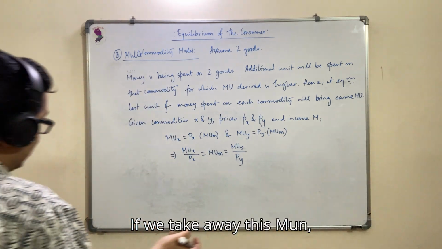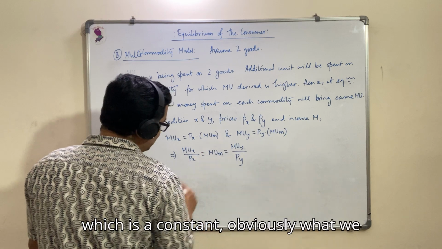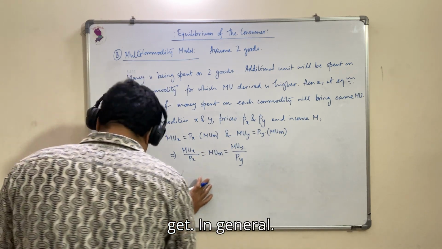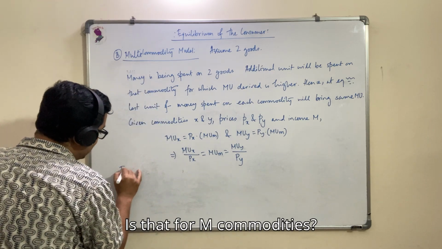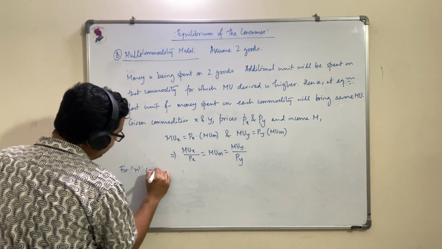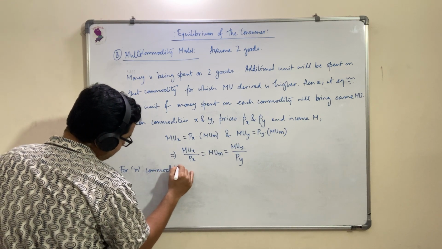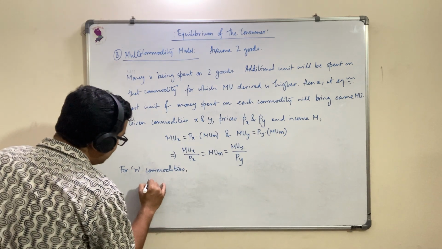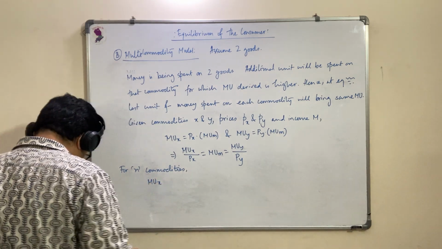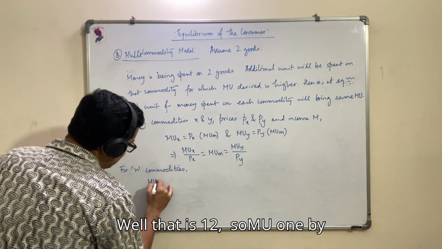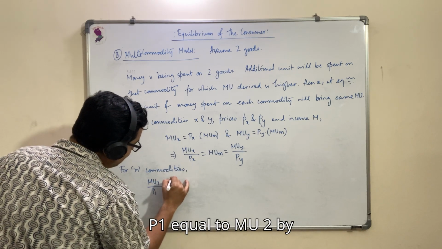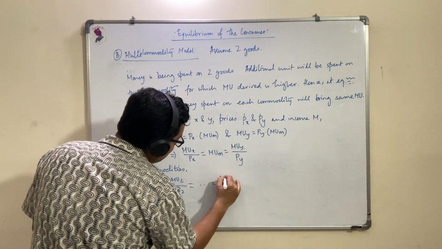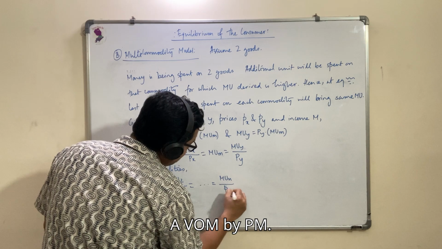And if we take away this MUM, which is a constant, obviously, what we get in general is that for n commodities, we'll write as 1, 2. So MU1 by P1 equal to MU2 by P2 equal to dot dot MUn by Pn.